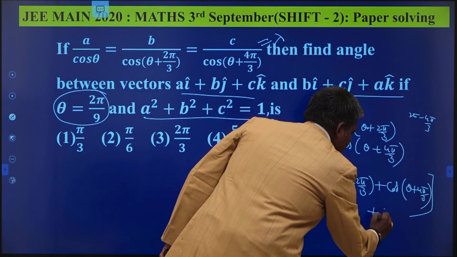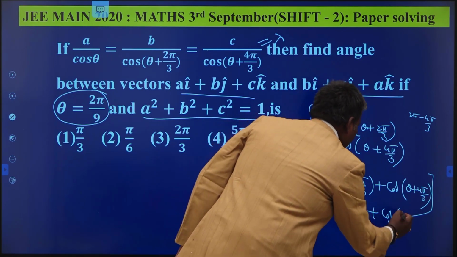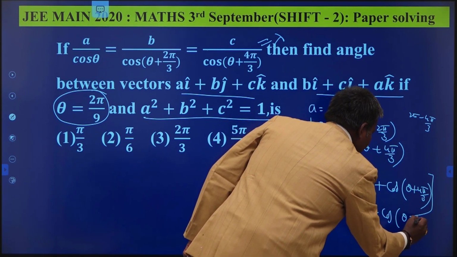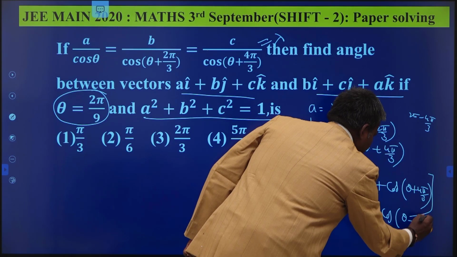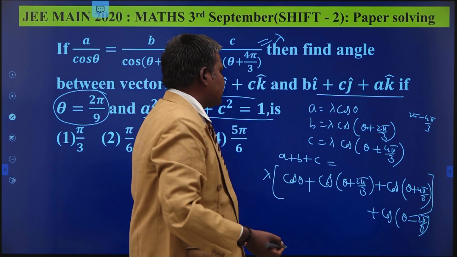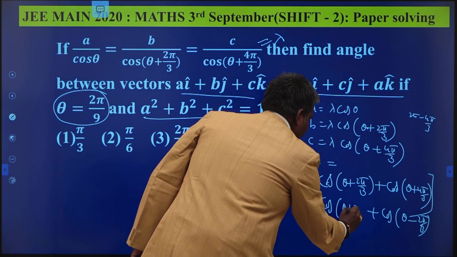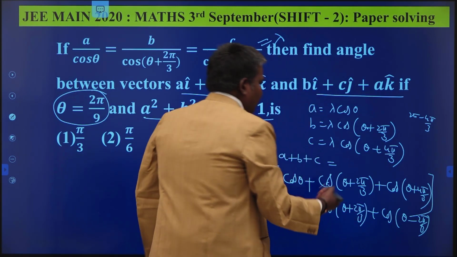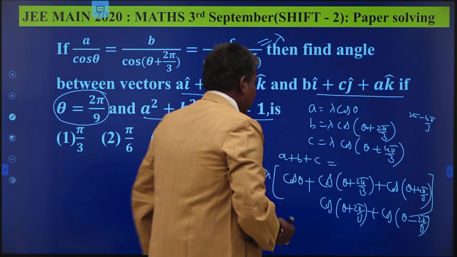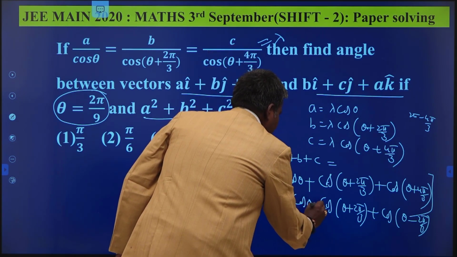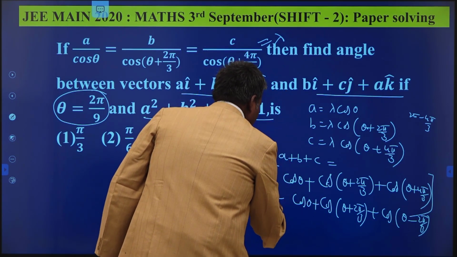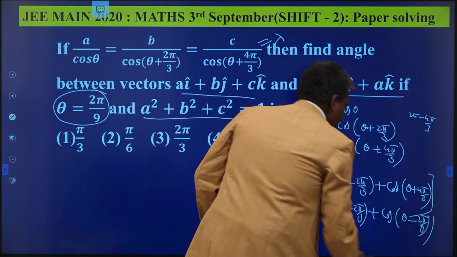So this is nothing but cos of (theta minus 2 pi by 3), or 2 pi by 3 minus theta you may write. This is cos of (theta plus 2 pi by 3), because cos of minus theta is nothing but cos theta. So cos theta plus, this is what?